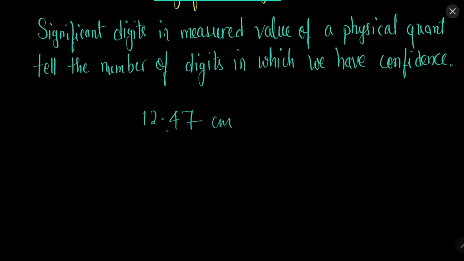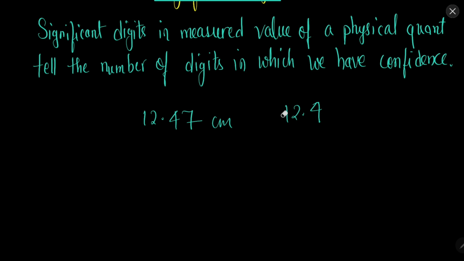Now in this measurement I am sure about the calculation that I made for the 1, 2 and 4 digits, but I am not sure whether this last digit is correct or not. This might be 6 or 8 or something else, so I am not sure about this digit. So in this particular question we might estimate this value as 12.5, let's say, or 12.4.